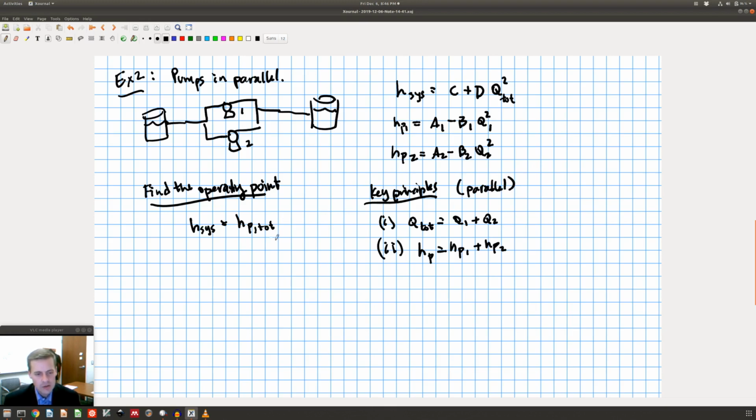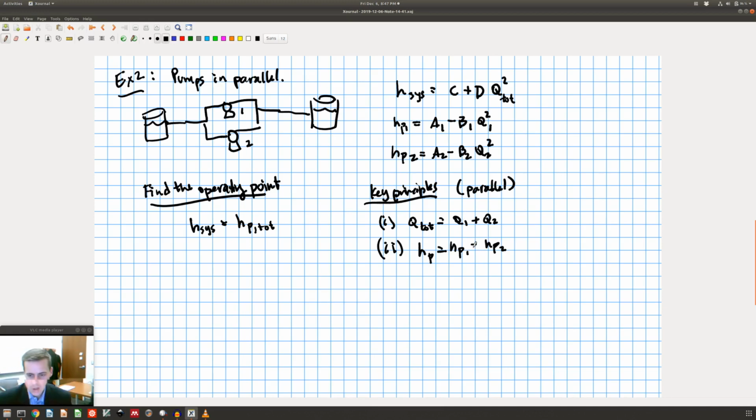So how are we going to solve this in this case? Notice that the system demand curve is in terms of Q total, but these are in terms of Q1 and Q2, which makes my life a little difficult. And this is wrong right here. This isn't the sum of these, pardon me.